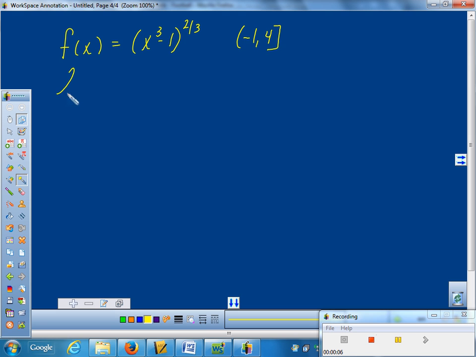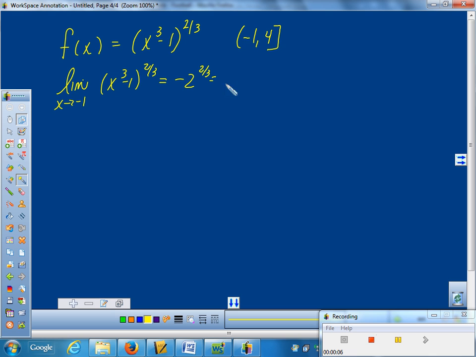So we have to do a limit approaching -1, because -1 can't be an actual answer, but we still have to know where that endpoint is at. How high is it? And when you sub that into your limit, oh, it's not 0, you're right. It's going to be -2 to the 2/3 power, which is really what?